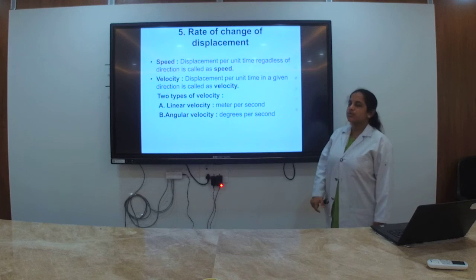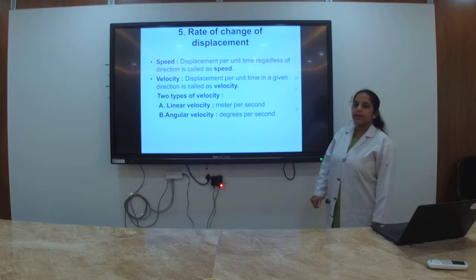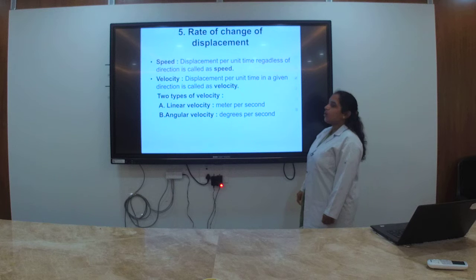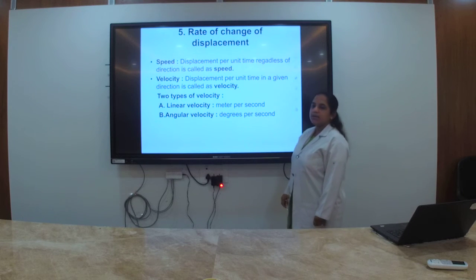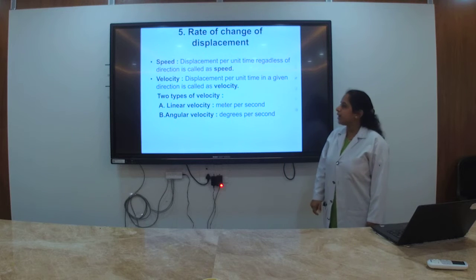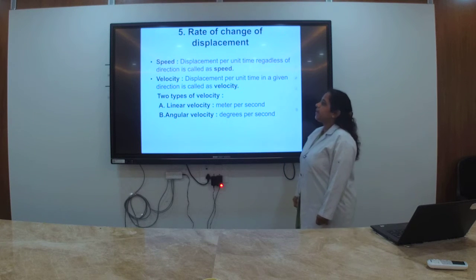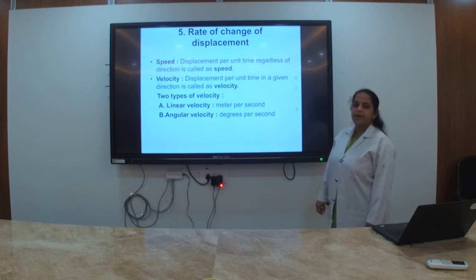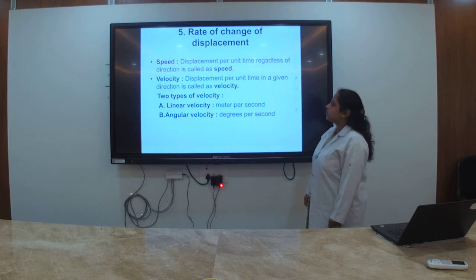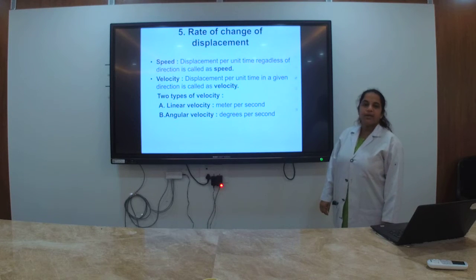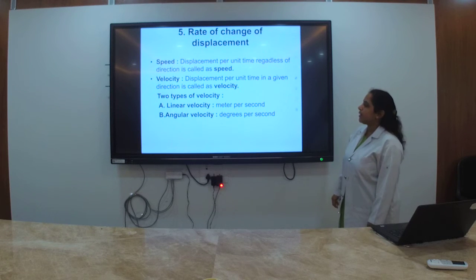Coming to the last variable of kinematics, that is rate of change of displacement. Now let us see certain terminologies before going to that. What is speed? Displacement per unit time is called speed, while velocity is displacement per unit time in a given direction.